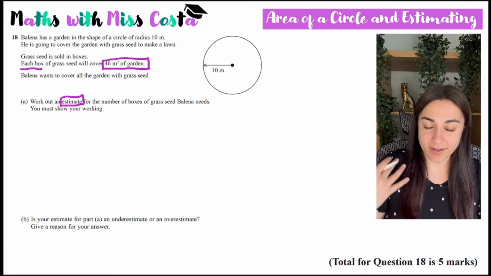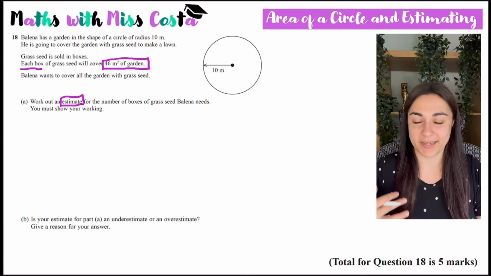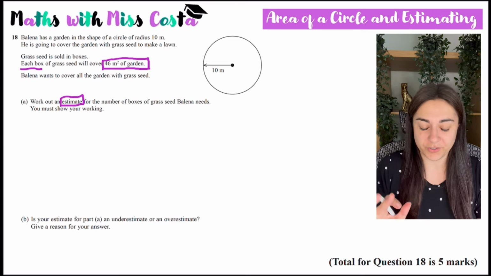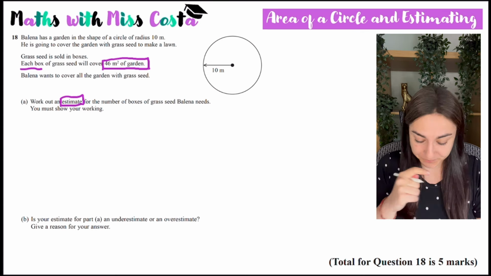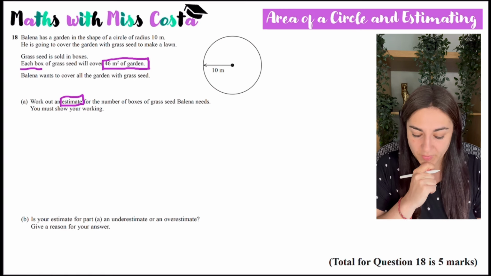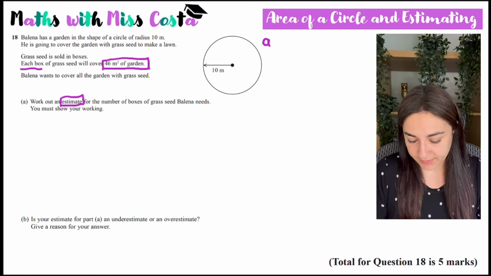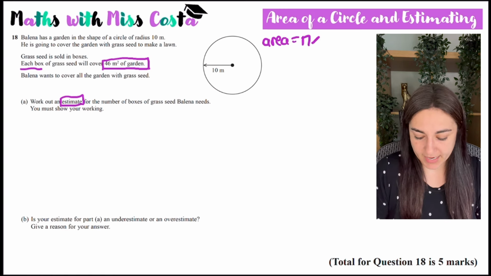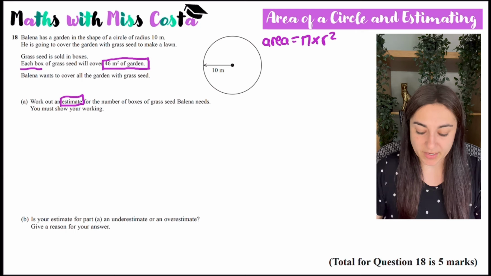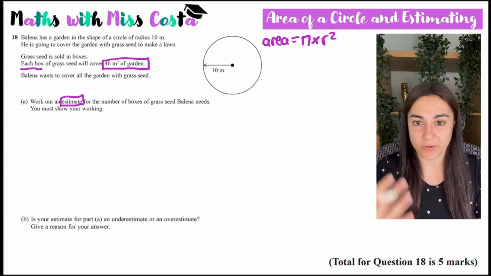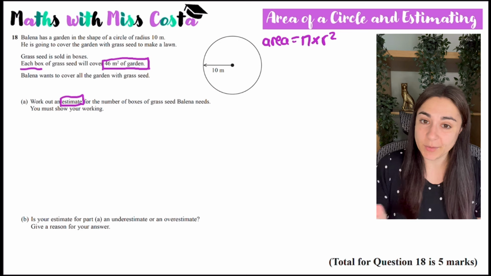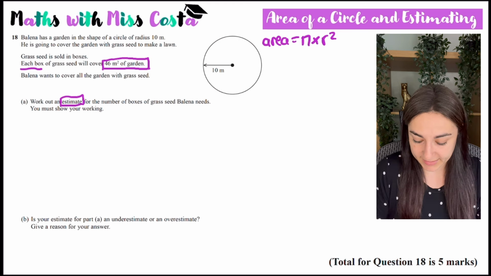Okay, so the word estimate is very important here because it means round everything generally to one significant figure. So I know that the formula for the area of a circle is pi times by radius squared. So pi is normally 3.142 going on until infinity, but because it wants an estimate, I can just round it to one significant figure.